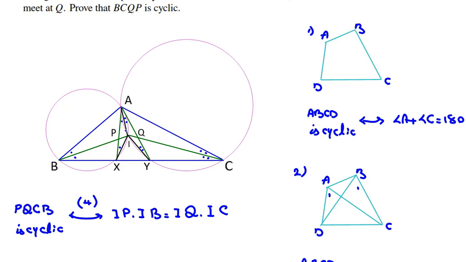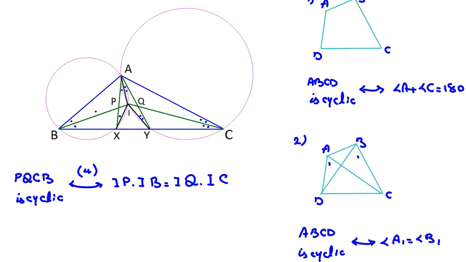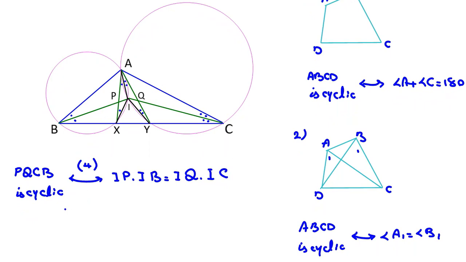Okay. Because these two angles are equal, I want to say IA equal to IX. Look, angle IAX equal to angle IXA. So we can say IAX is an isosceles triangle, IA equal to IX.